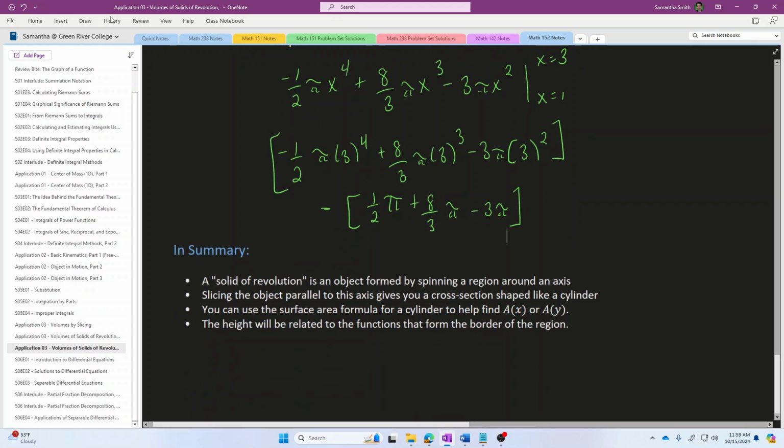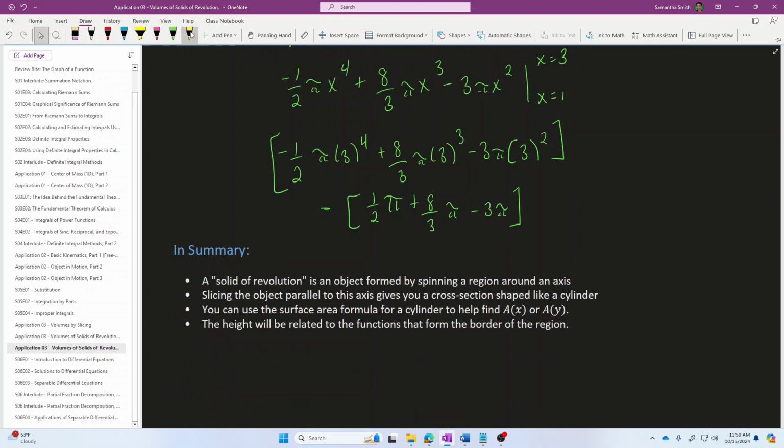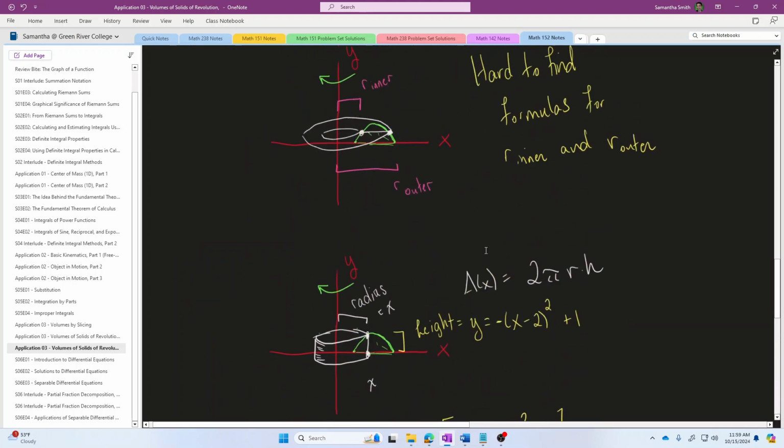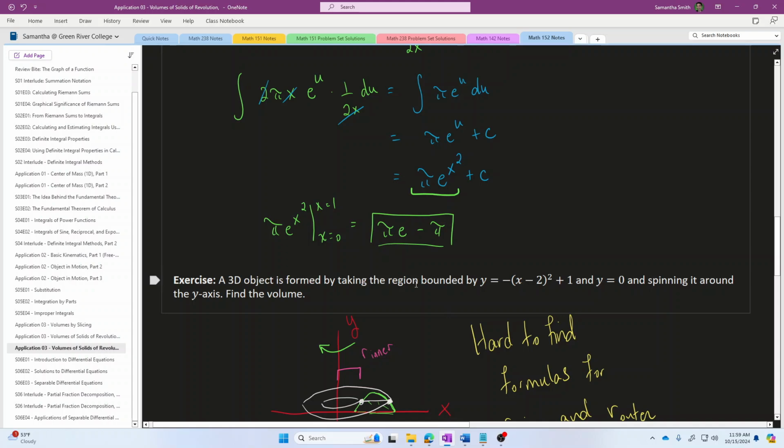Okay, and so this result, simplified if you care to simplify it, would be the exact value of the volume of the object which is being described in this problem statement.